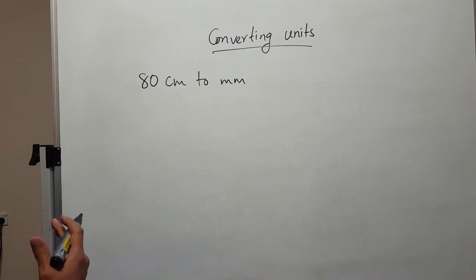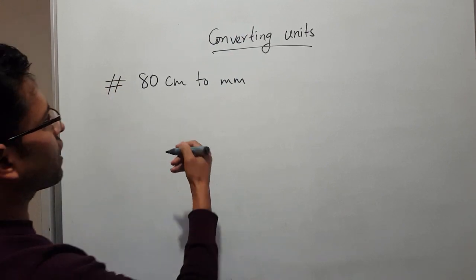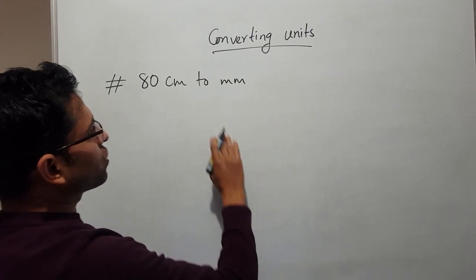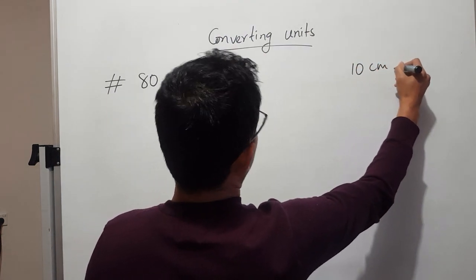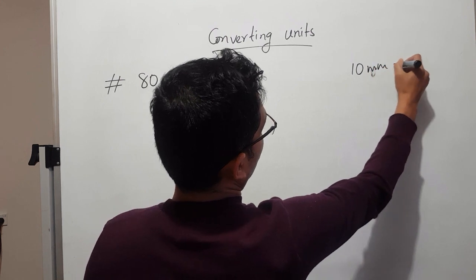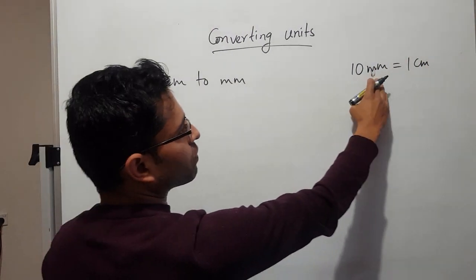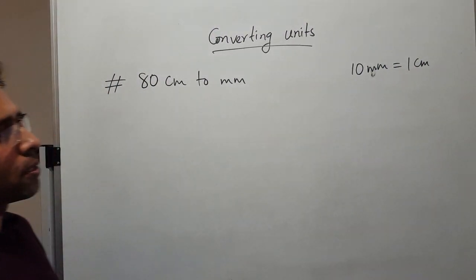So first of all, this is our first problem, what is the conversion factor between centimeter to millimeter? It's 10 millimeter equal to 1 centimeter. Centimeter is the larger unit, so 10 millimeter will give you 1 centimeter.